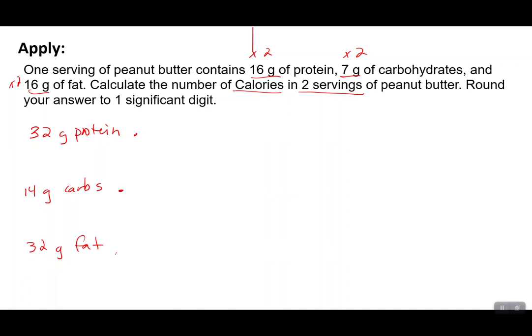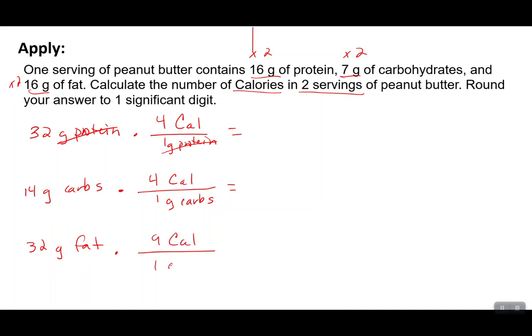So you set these up in the same way we set them up in the previous slide, where 1 gram of protein is 4 calories. And definitely you will need to memorize these, but these are easy because proteins and carbs both are going to have 4 calories as opposed to fat, which is going to have 9 calories. All right, so when we do this math, we're going to get 128 calories from protein, 56 calories from carbs, and 288 calories from fat.